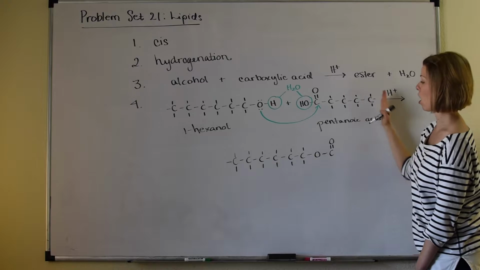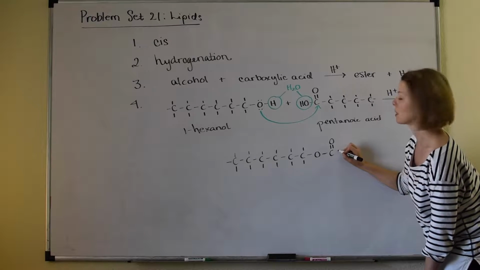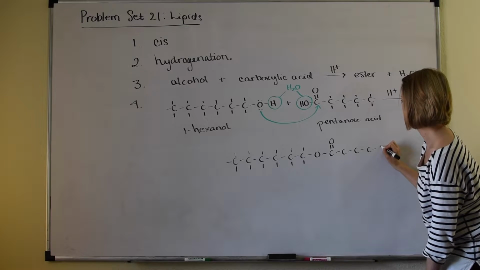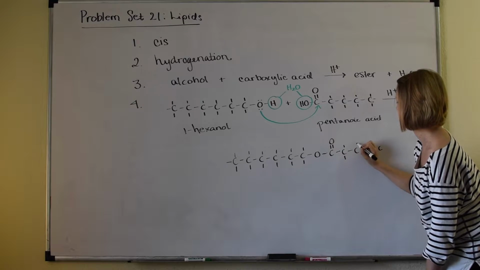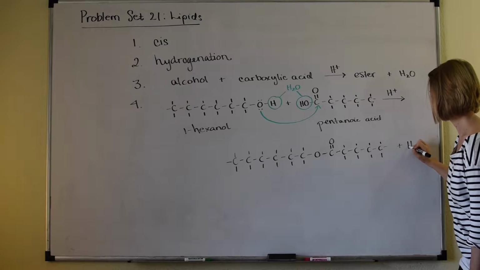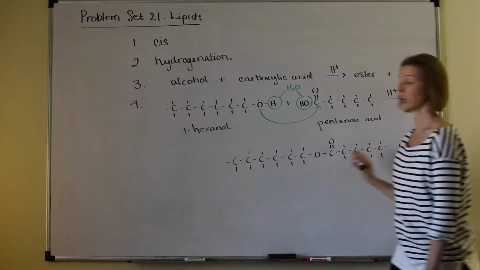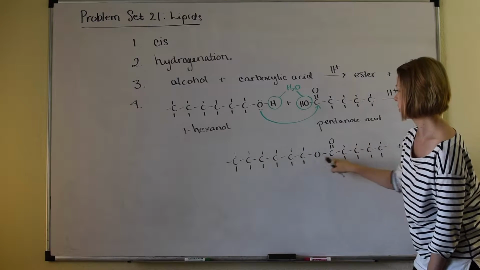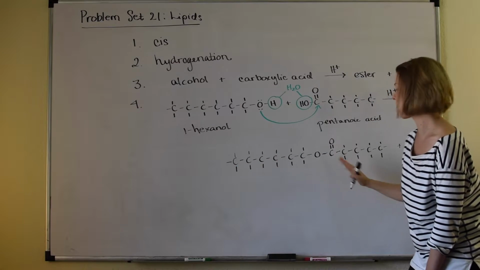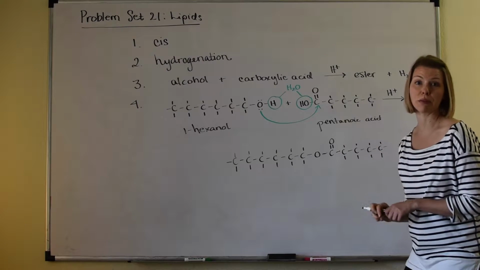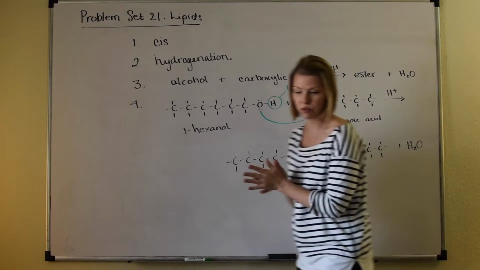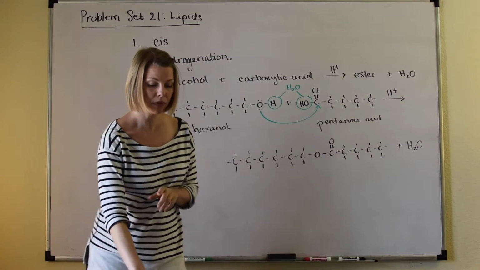So you just draw all that on the side of the carbonyl. So 1, 2, 3, 4, 5. Still 5 carbons there. And all your hydrogen. And don't forget, your byproduct is water. So here's your ester. Okay, you can see your ester linkage here, connecting the 6 carbon chain and that 5 carbon chain. All right. So that's number 4.